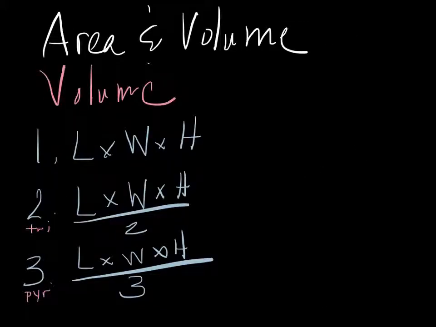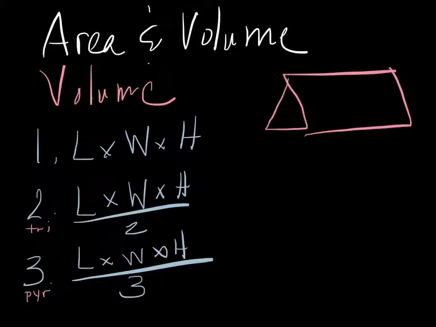Now if you're finding the volume of a prism, you could have a triangular prism, for instance, like this, with a height of 8, a length of 5, and 10 right there. That's your length times width times height.